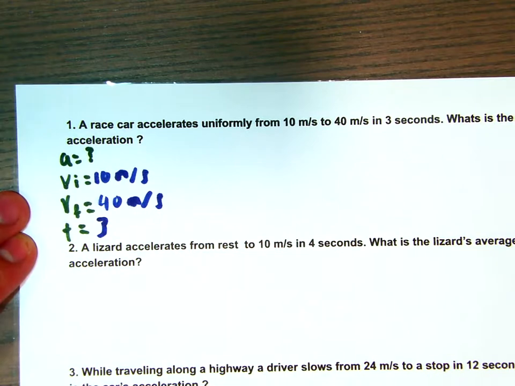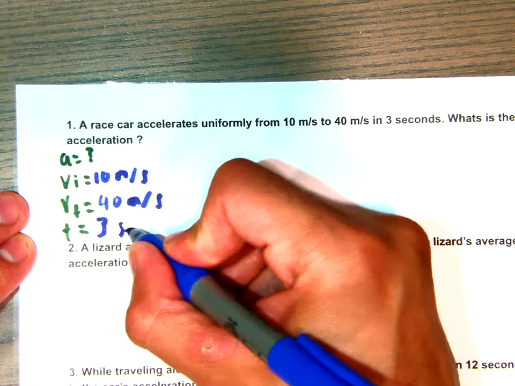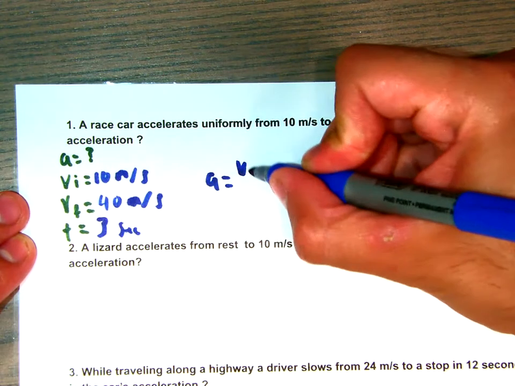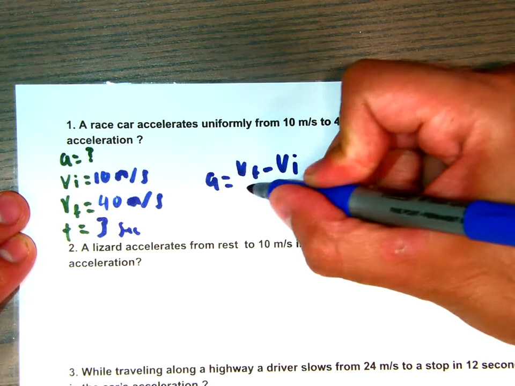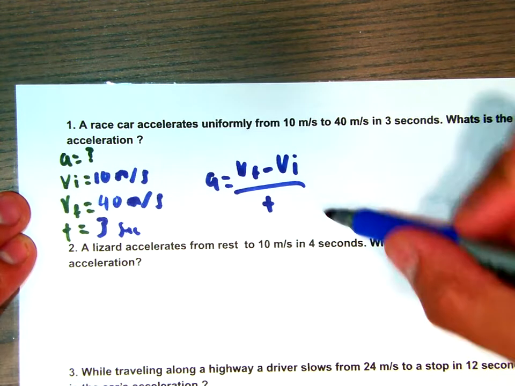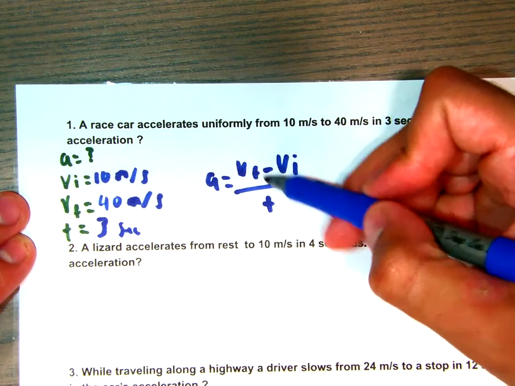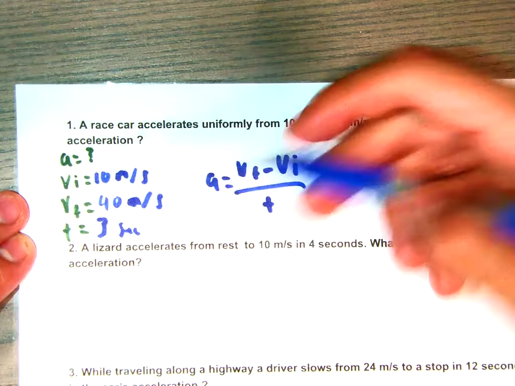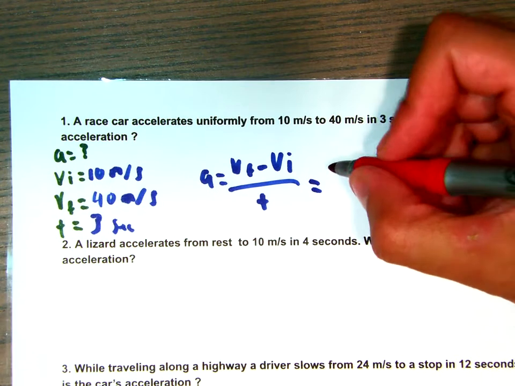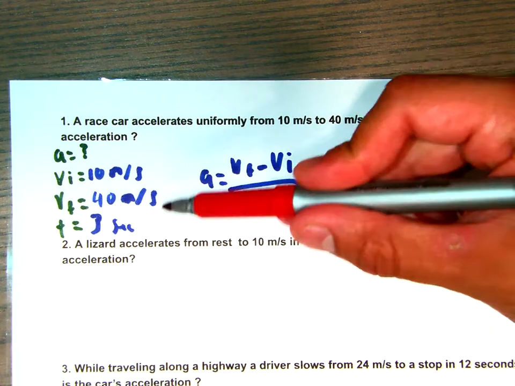All right. I know acceleration equals V final take away V initial divided by time, right? So if my V final is 40, I'm going to go ahead and plug that in. I'm going to leave the units out for now because it gets a little sloppy.